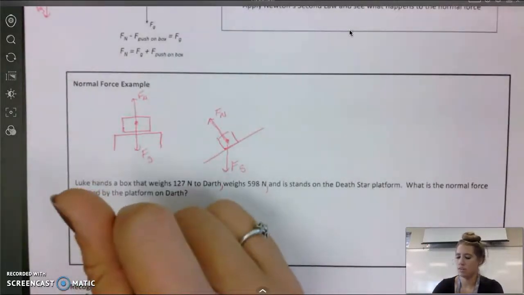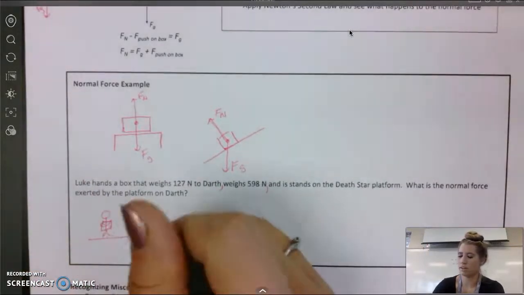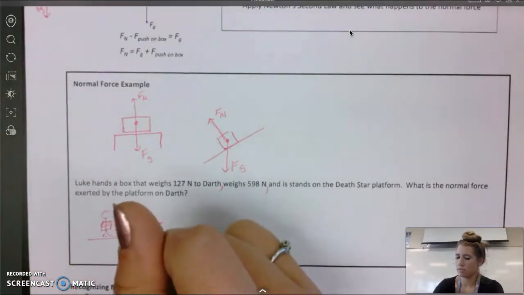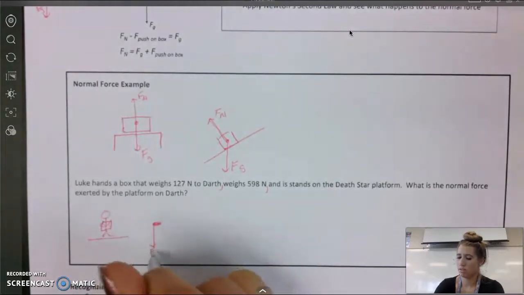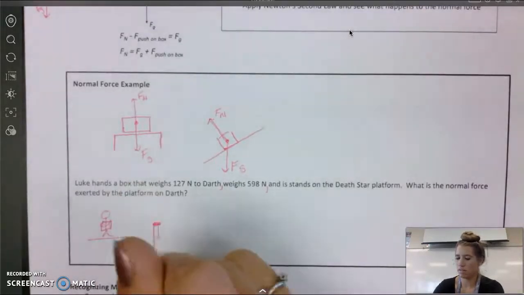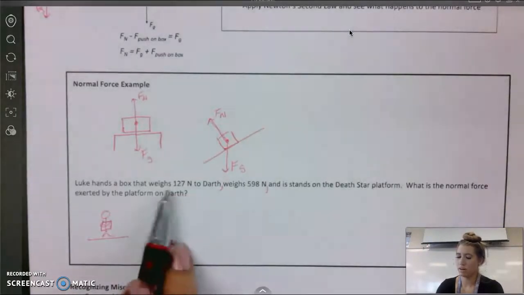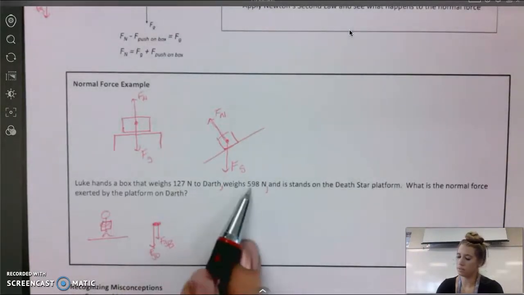Okay? So I'm going to represent him with a dot. He's standing on the surface there. So we have force due to gravity of Darth Vader, and then we have force due to gravity of the box. And we know what those are. They're given to us. Okay?